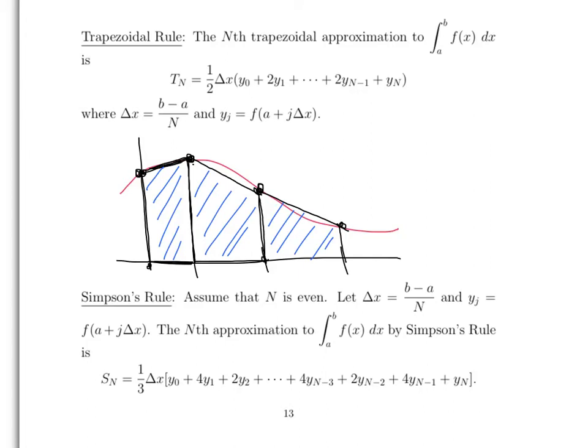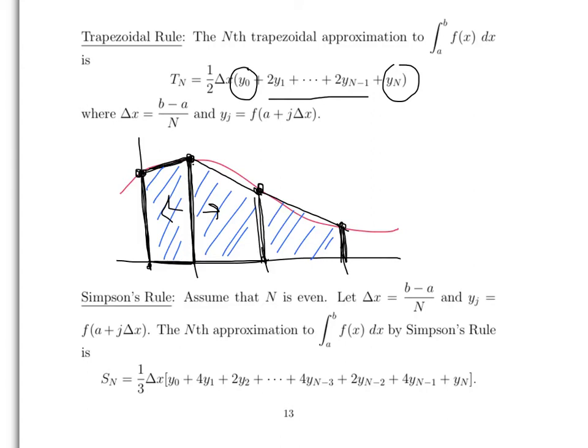You should notice that we only use the far left height once, so you'll see that once in this equation, and we use the far right height only once, and then all the heights in the middle we use twice because they're the base of two trapezoids, right? So this is the base of this trapezoid as well as the base of this trapezoid.